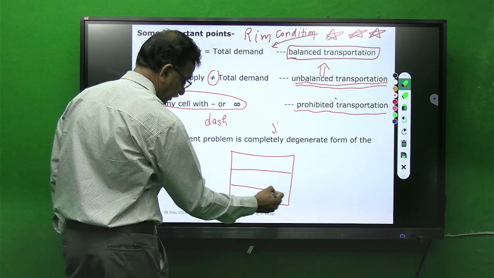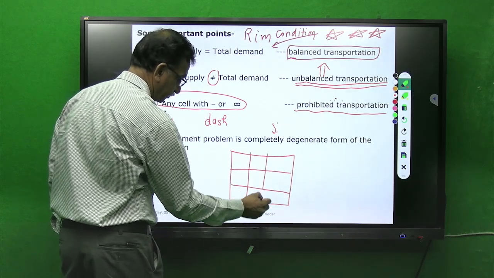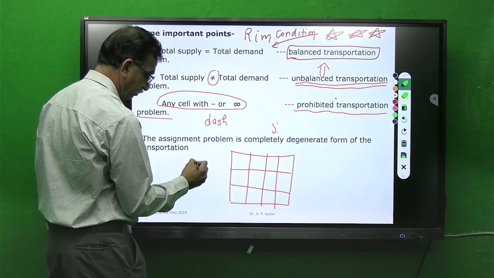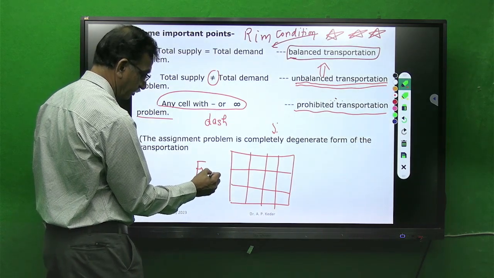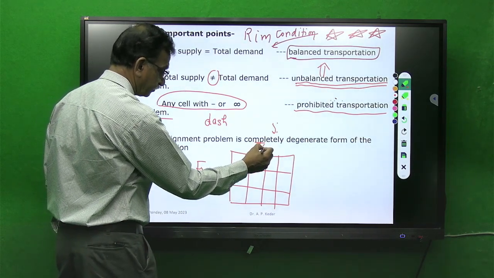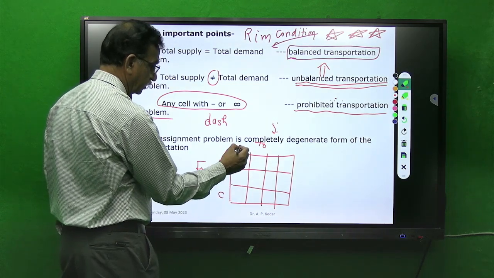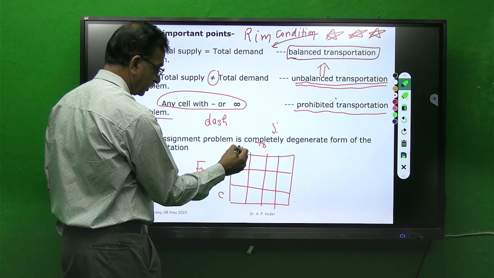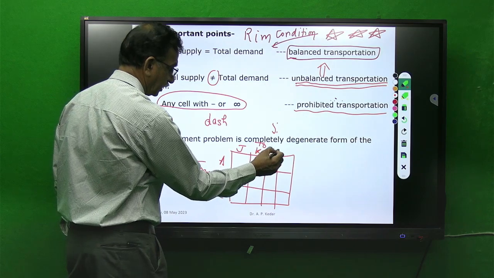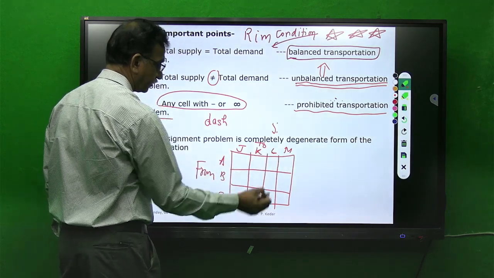Suppose again this is from, this is to, from A, B, C cities to J, K, L, M cities.